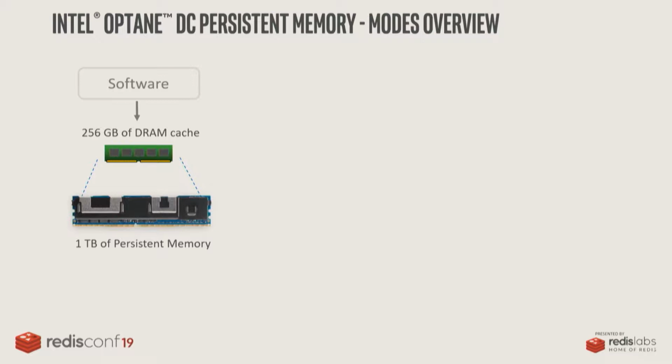So in this scenario, software will see 1 terabyte of memory capacity in the system. Even though you have 1 terabyte of persistent memory and 256 gigabytes of DRAM, you're only going to see the 1 terabyte. The 256 is being used as a cache for the persistent memory to achieve close to DRAM latencies at larger capacities. So this is memory mode.